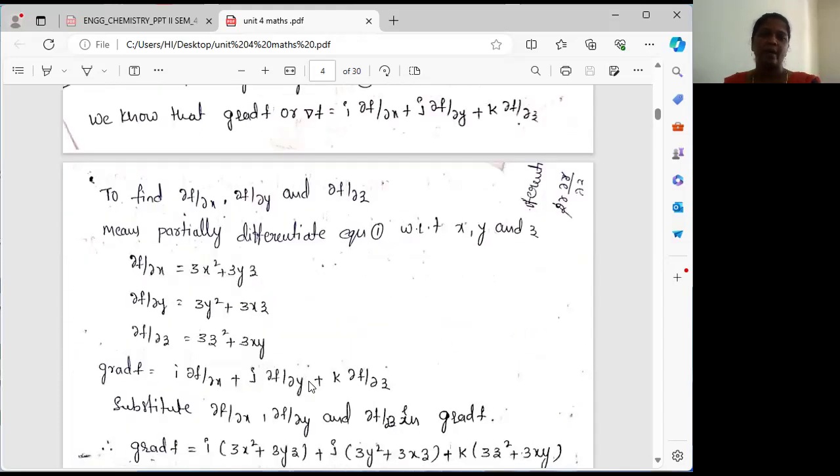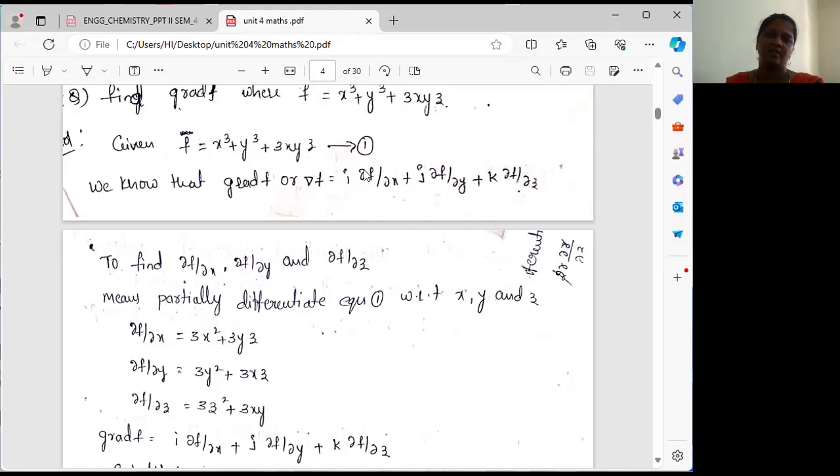To find grad f, we find partial differentiations of f with respect to x, y, z, that is dou f by dou x, dou f by dou y, and dou f by dou z. That means partially differentiate equation 1 with respect to x, y, z.